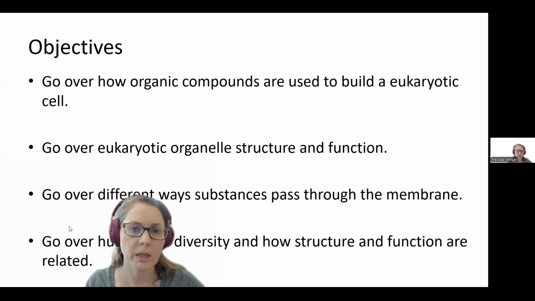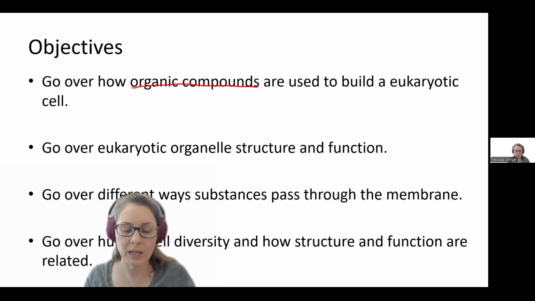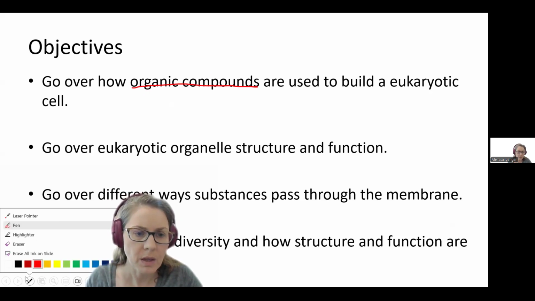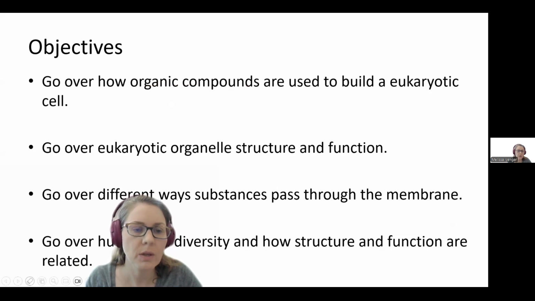Okay, so let's start here talking about our organic compounds or our organic molecules. Things I talk about in class is, you have this hierarchical scheme, right? This organizational scheme. We go from atoms, which are the basic unit of matter.